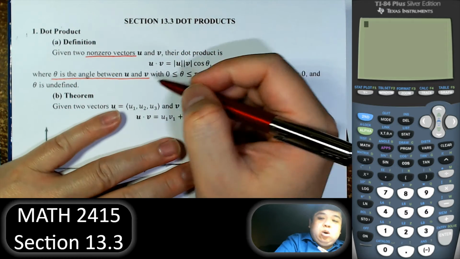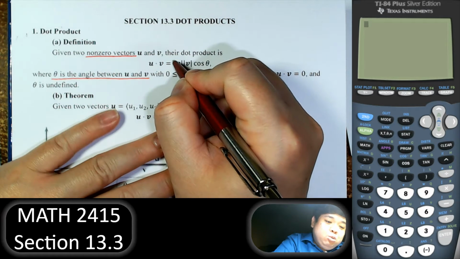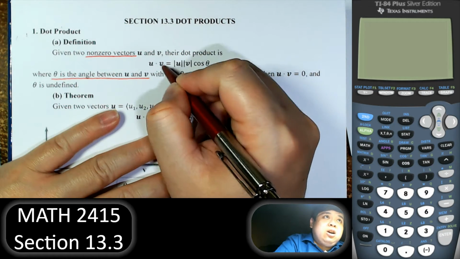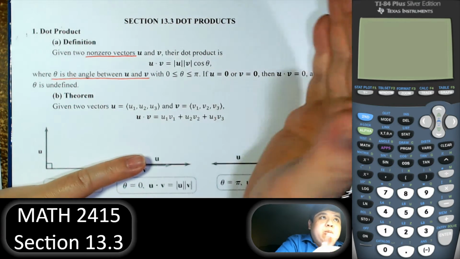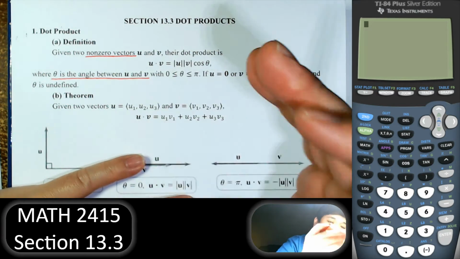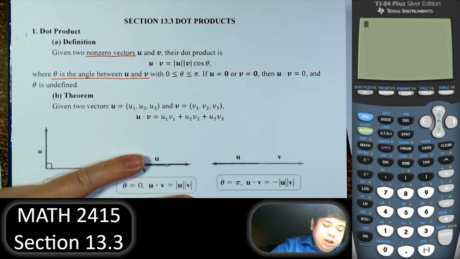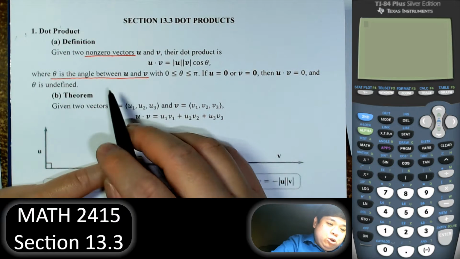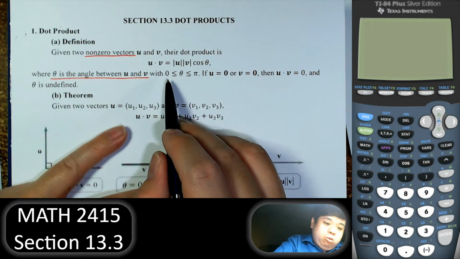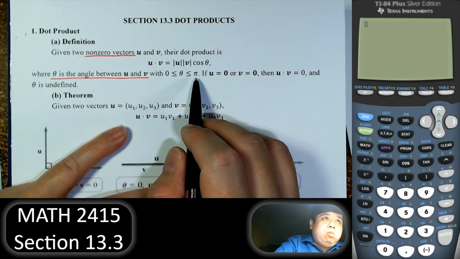I mentioned before, the magnitude could be 2 bars on each side or 1 bar on each side. Different books use different notation. Here we use 1 bar. And the angle between two vectors will be from 0 to pi.